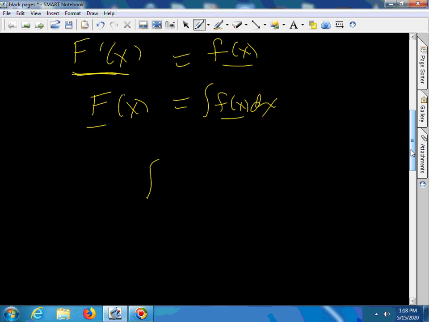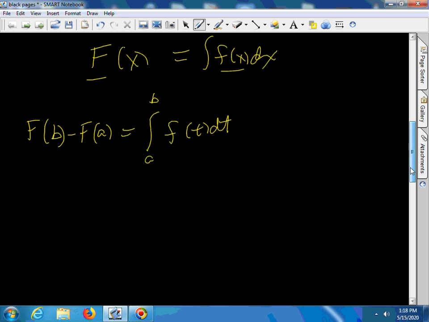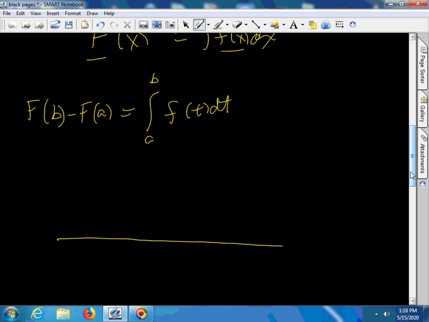The integral from a to b of f of t dt, by definition of big F, was big F of b minus big F of a. Now, if you don't believe that, good. Let's see that it's true. So we have our function.